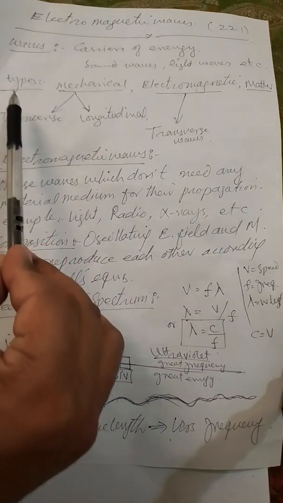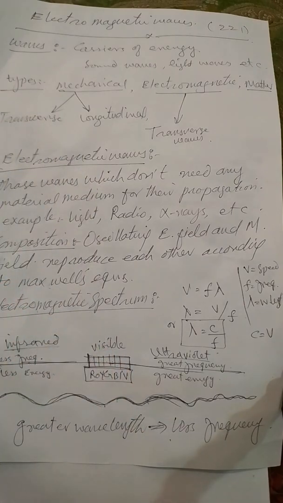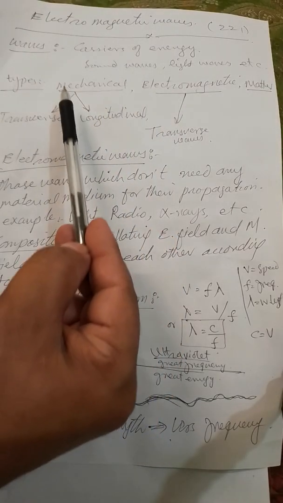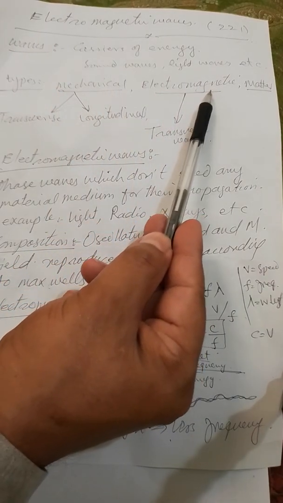Types of the waves. There are basically two types of the waves. One is mechanical waves, the other is electromagnetic waves.